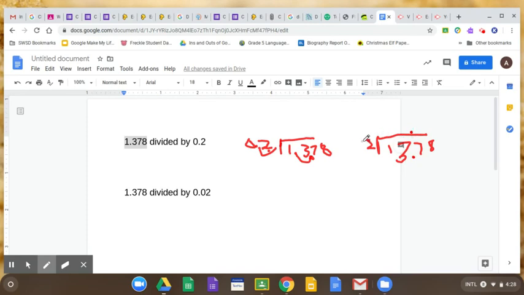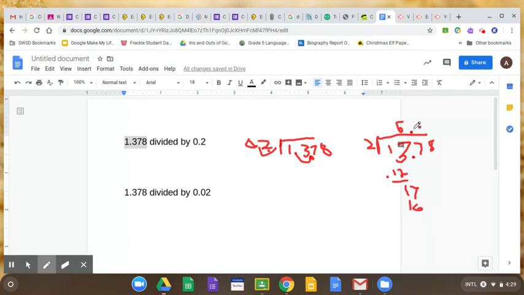So now if I do this problem, I would do 2 goes into 13 6 times. That becomes 12. Into 1. 2 goes into 17 8 times.